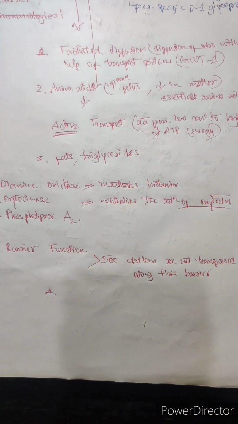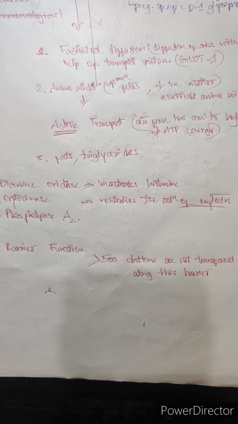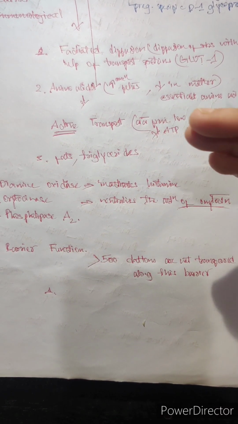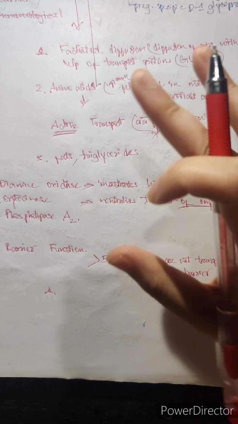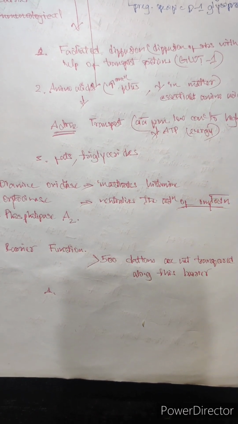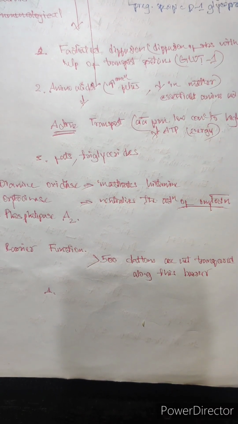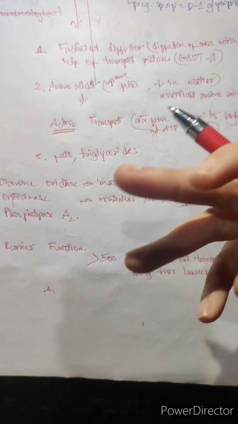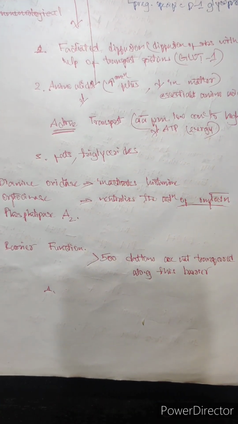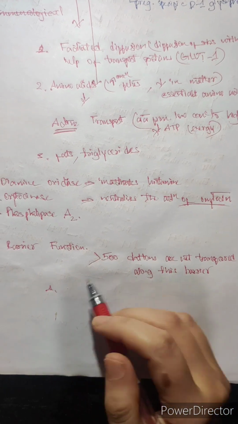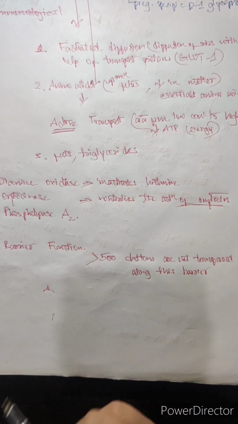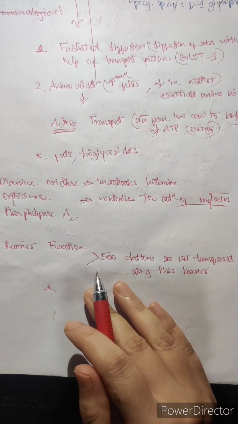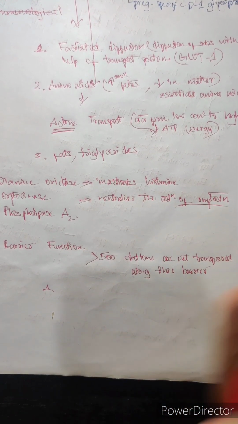Though the placenta is considered a barrier, it doesn't necessarily provide protection against various microorganisms or toxic or obnoxious substances. Okay, because the permeability of this barrier depends upon the size of the particle. If the size of the molecule is more than 500 daltons, then it is not transferred across this barrier.